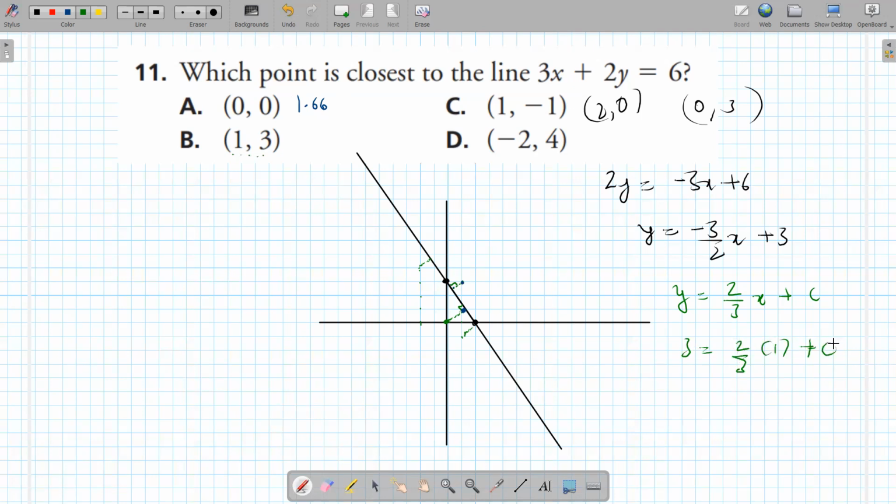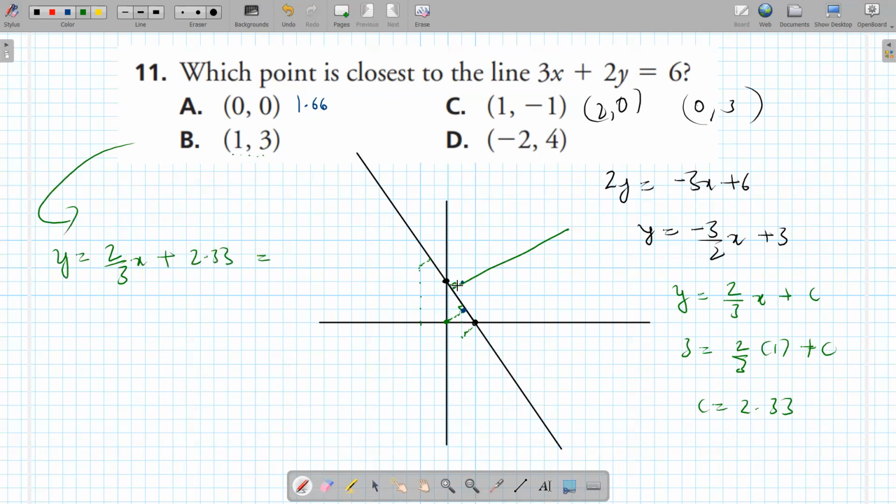So that means your c value is 3 minus 2/3, which is 7/3, or 2.33. So therefore, the equation is y equals 2/3 x plus 2.33.